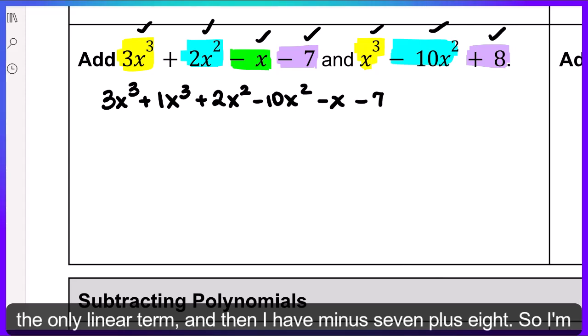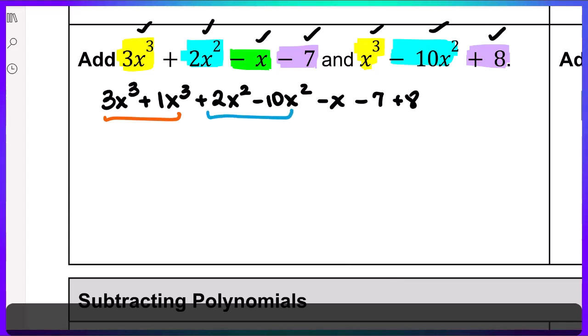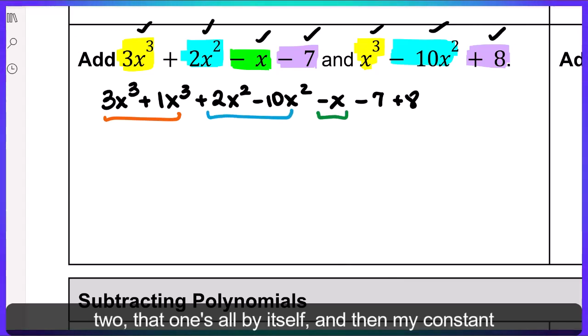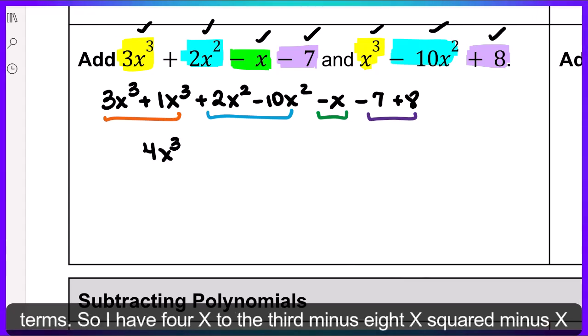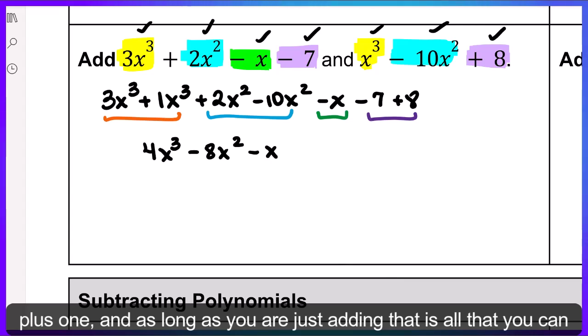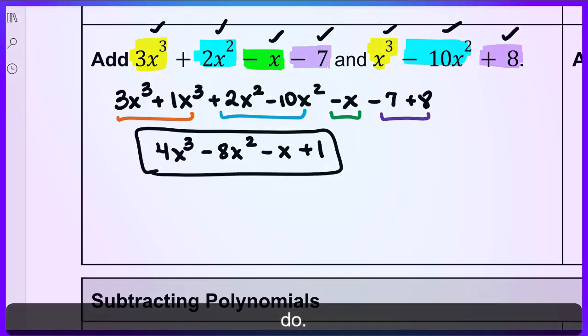And then I have minus 7 plus 8. So I'm going to have to do these two. That one's all by itself, and then my constant terms. So I have 4x to the third minus 8x squared minus x plus 1. And as long as you are just adding, that is all that you can do.